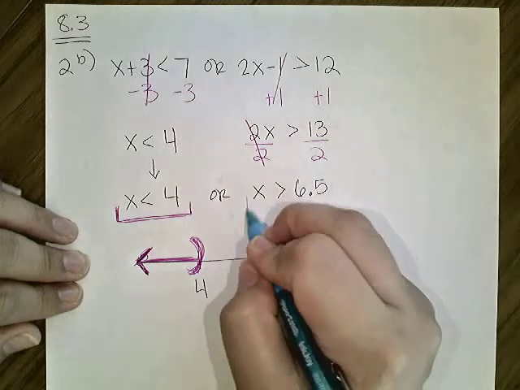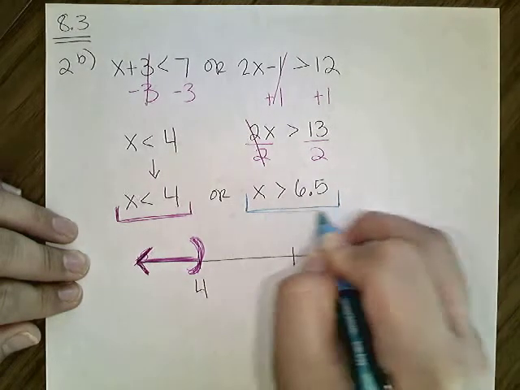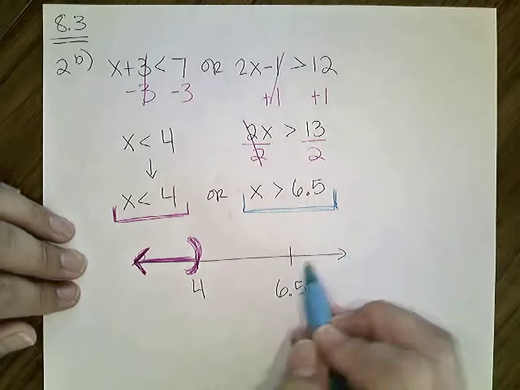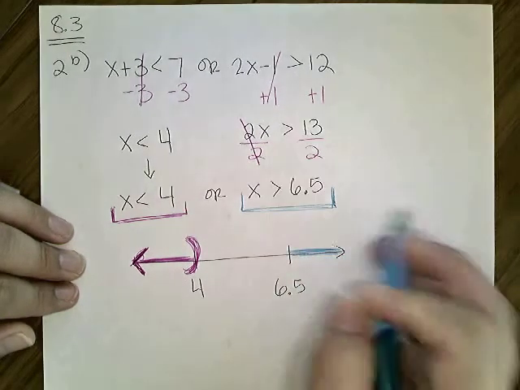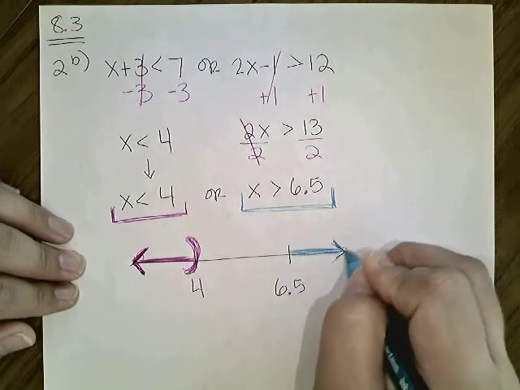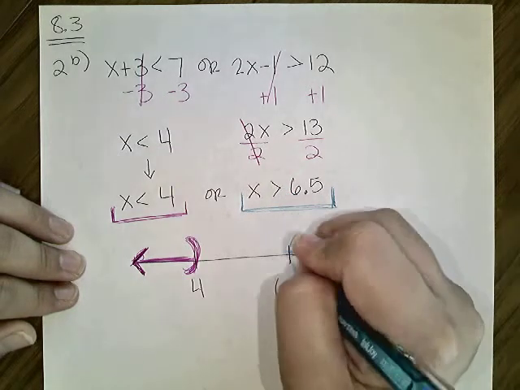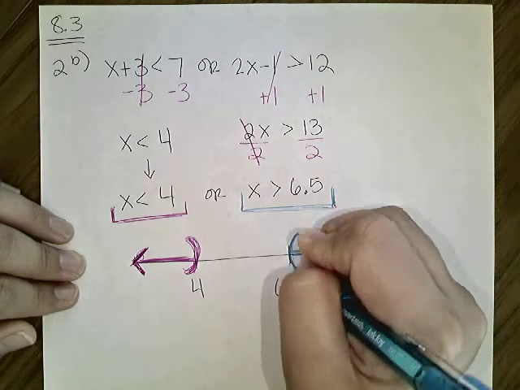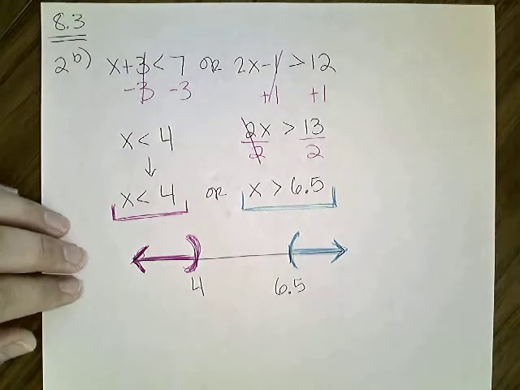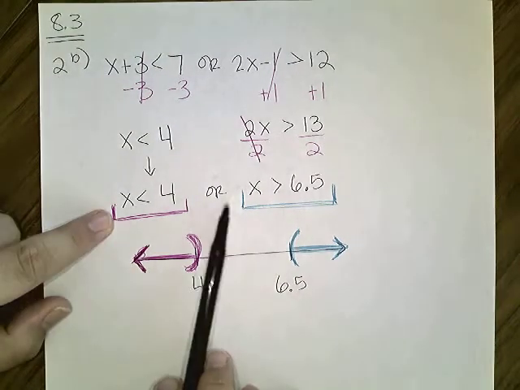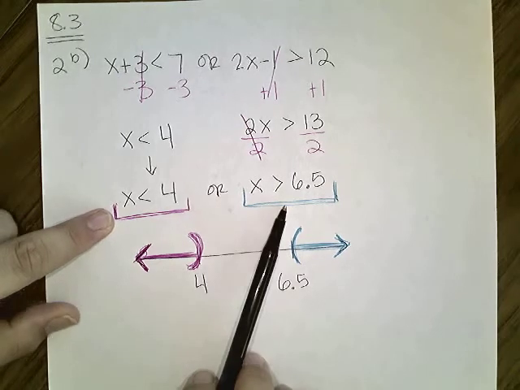Then we have x is greater than 6.5. So greater than 6.5, that's everything to the right of 6.5. And again, we have a greater than, not a greater than or equal to, so we're going to have a parenthesis opening in the direction of the shading. Now we need to look at this and ask, okay, well, when is this or that true?